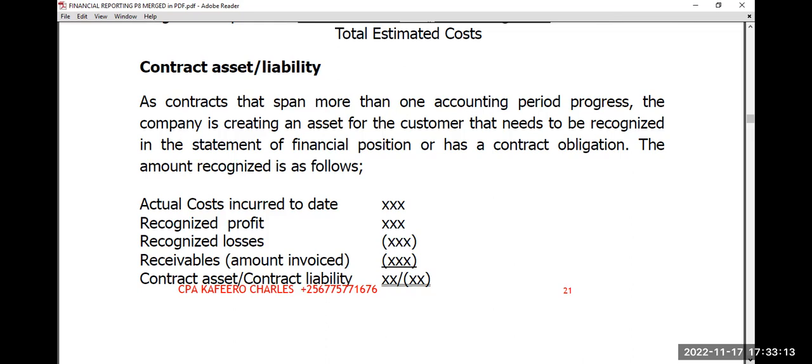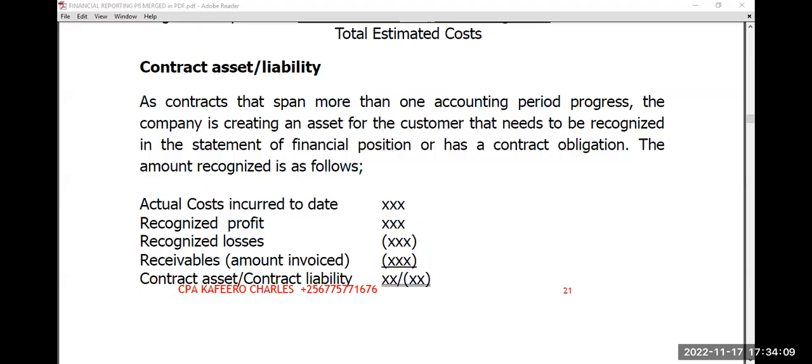We are talking about these contract assets and liabilities.